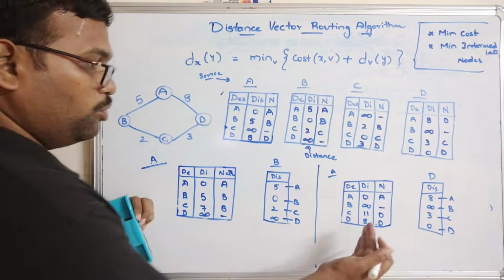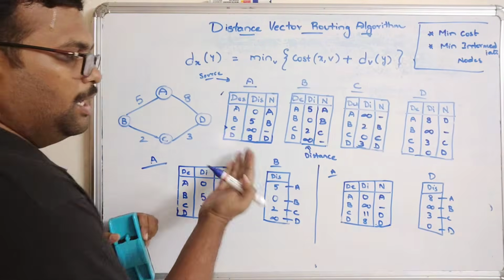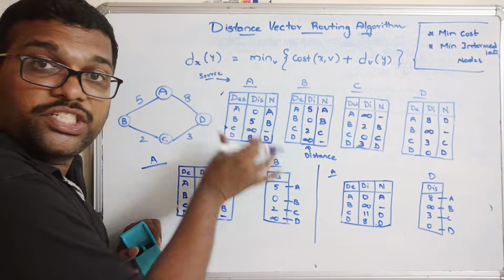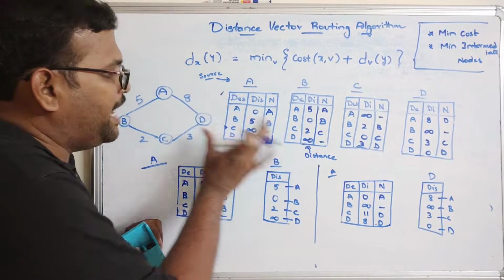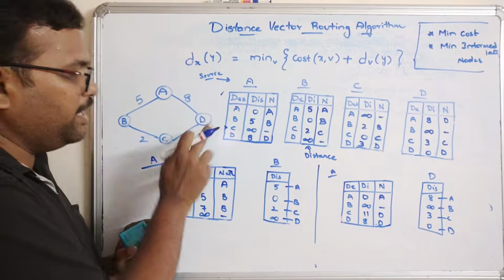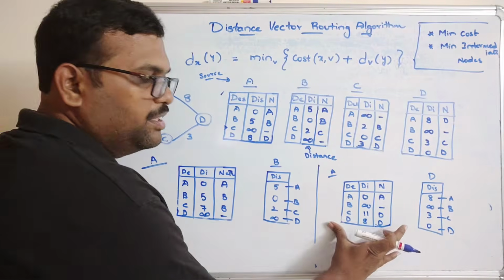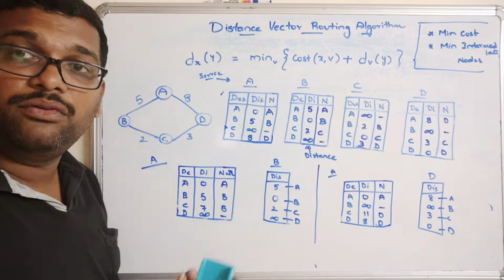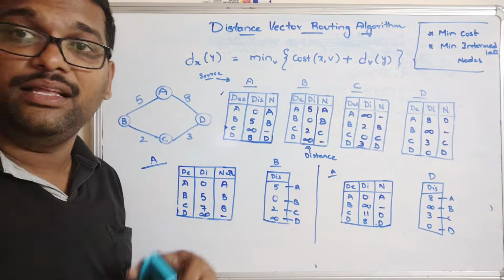Now we are having two different routing tables. Previously in the first iteration the routing table of A is this one, and after sharing this routing table with the neighboring routers B and D, the tables have been updated in this way. Now combine both and find out the least cost. Consider the least cost.